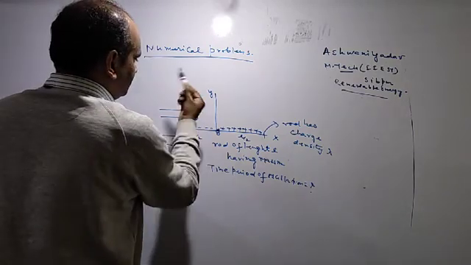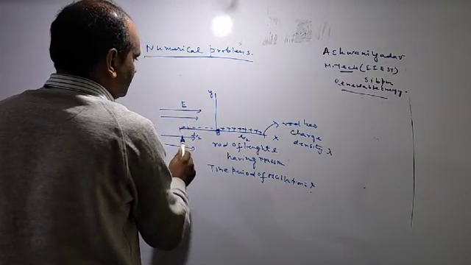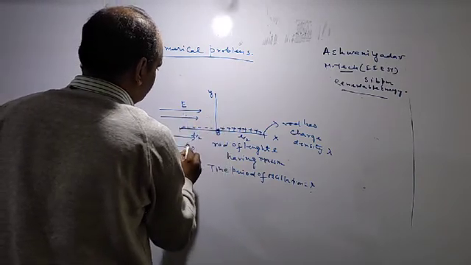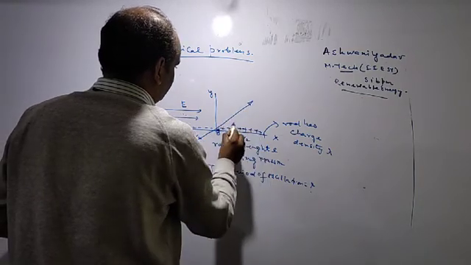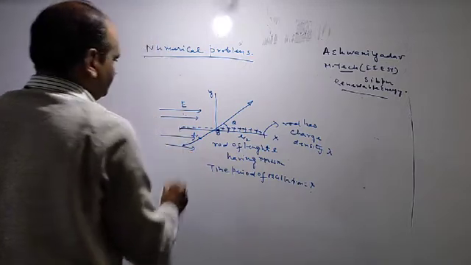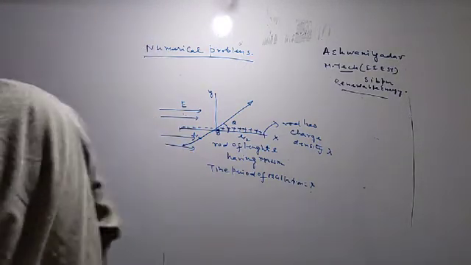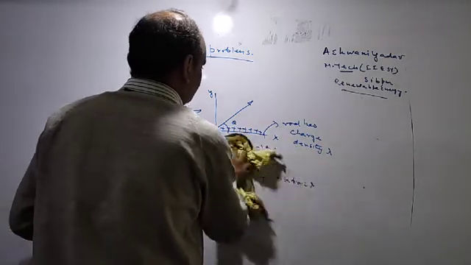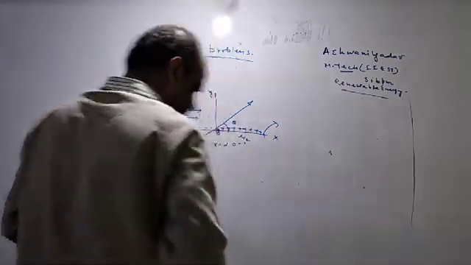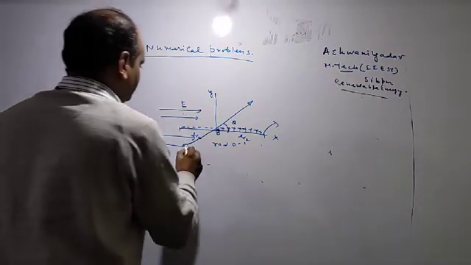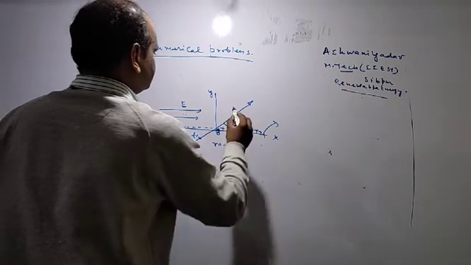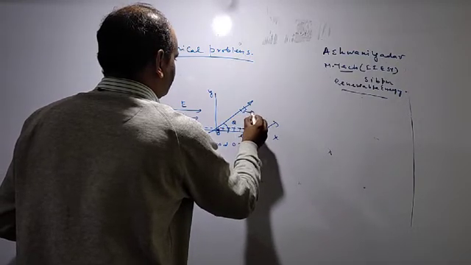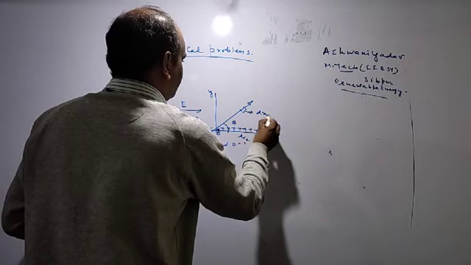We can give a small angular displacement theta like this, and consider this small section having length dx.